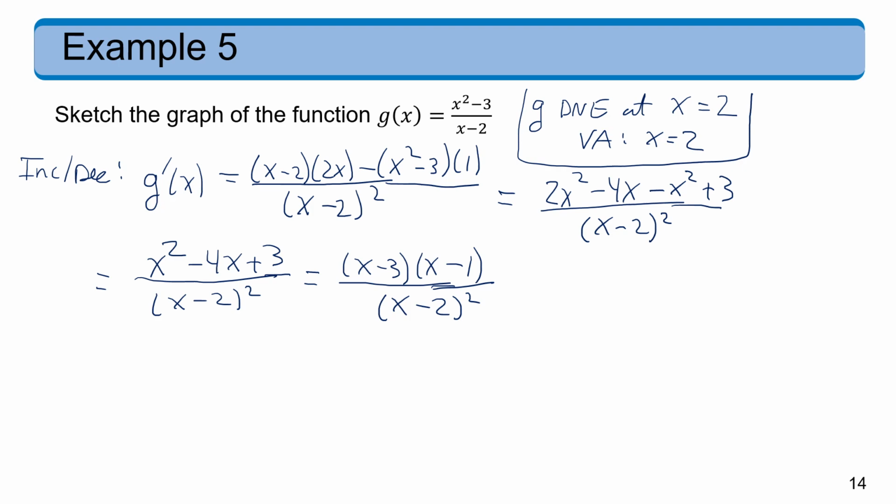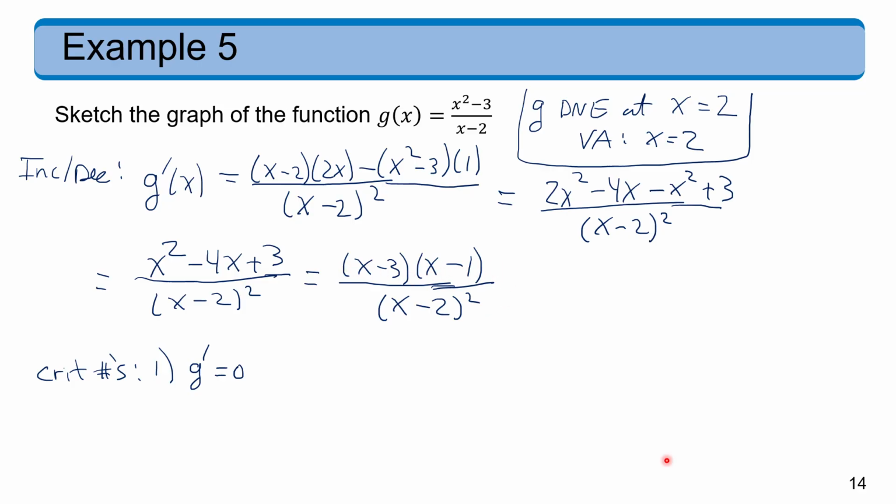Now we use that to find our critical numbers. Okay, so the first thing we do is find values that make g prime equal to 0. So if you take the factored form of g prime and set it equal to 0, because it's a fraction, the only way a fraction can equal 0 is if the numerator equals 0.